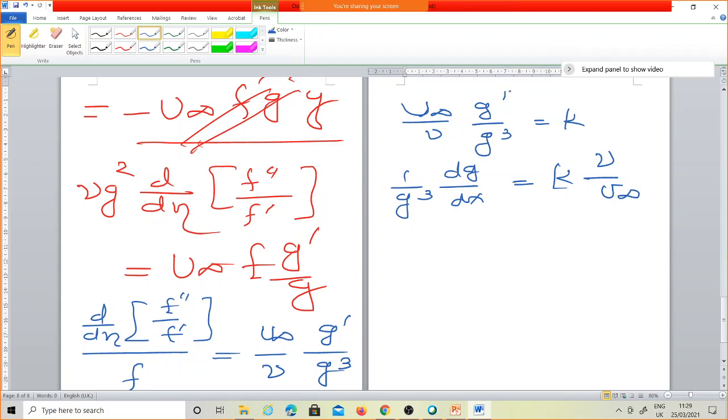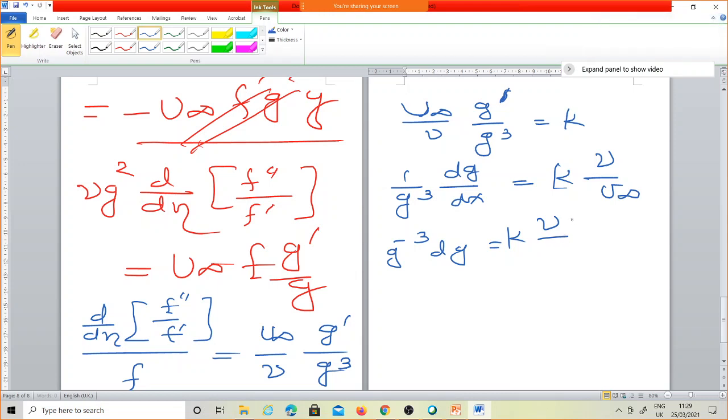G prime means g is a function of x, so I can write dg by dx. So this can be written as g to the power minus 3 dg is equal to k mu by u infinity.